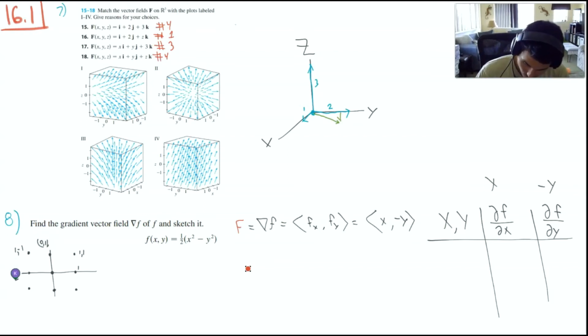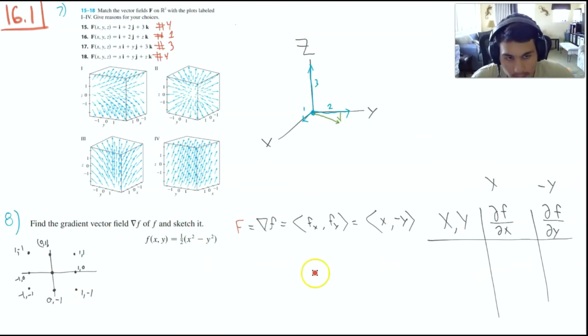This would be negative 1, 0, negative 1, negative 1, 1, negative 1, 0, negative 1. This is 1, 1. No. 1, 0. Yeah. The reason why I pick these points is because it's the simplest way to plug in here and define these values, and then you can graph your vector. And you'll see what I mean in a second here.